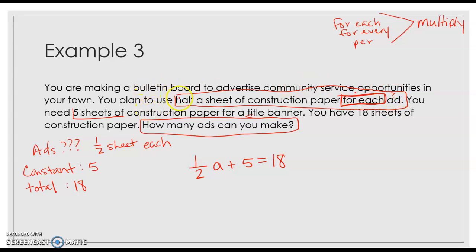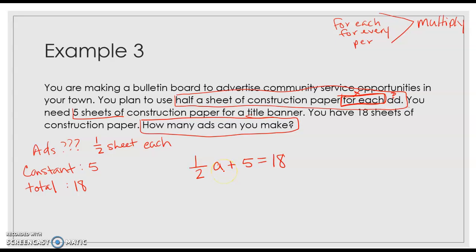So that was that 1/2 for each, so times our unknown, which we ended up calling A. No matter what, my constant was that I was going to use 5 sheets of construction paper. So when I'm finding a total, I know I'm adding, right? So half a sheet for each ad plus the 5, I get a total of 18 sheets of construction paper.